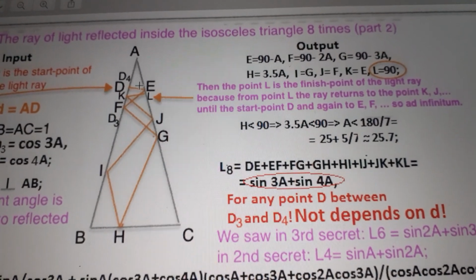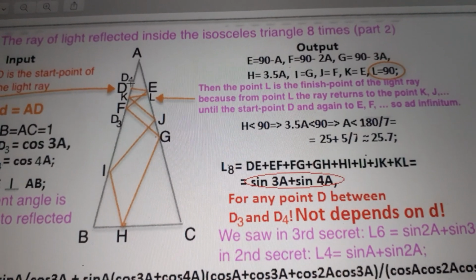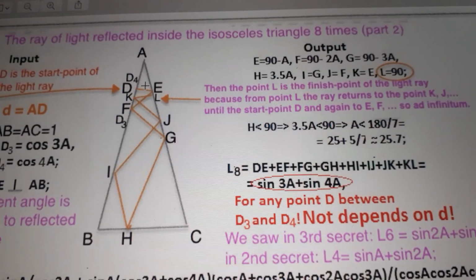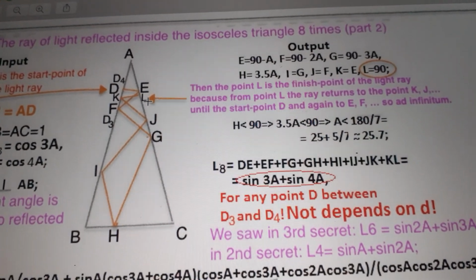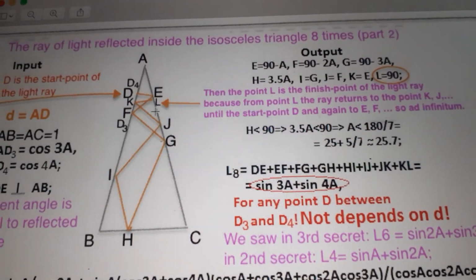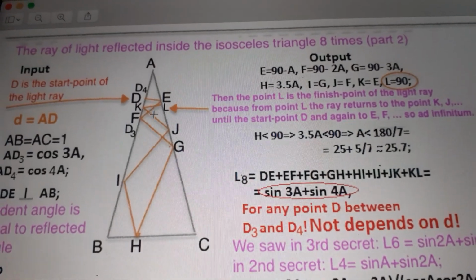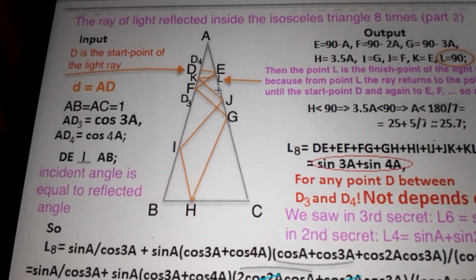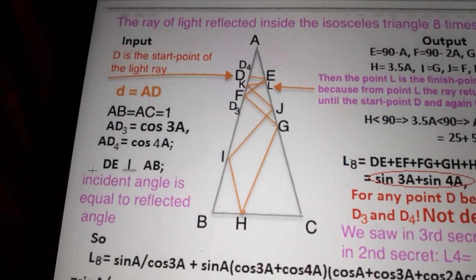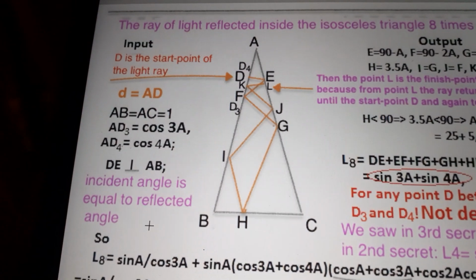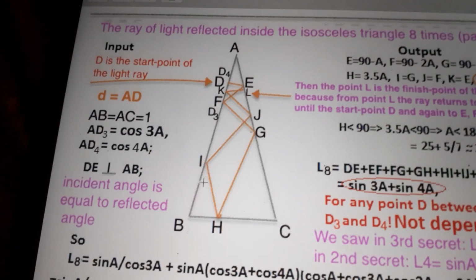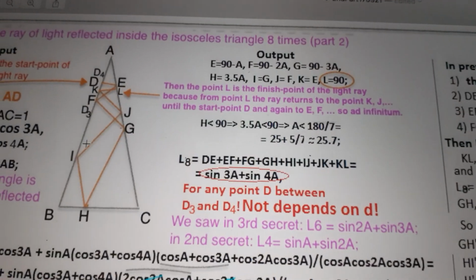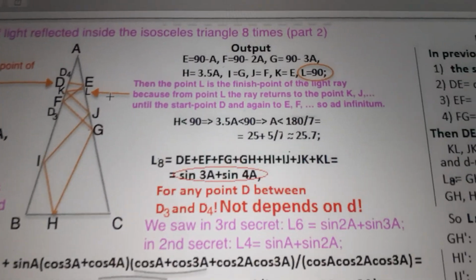Angle D, we suppose that it is 90 degrees, and angle L we computed according to the law of optics: the incident angle is equal to the reflected angle, and we can compute all these angles.